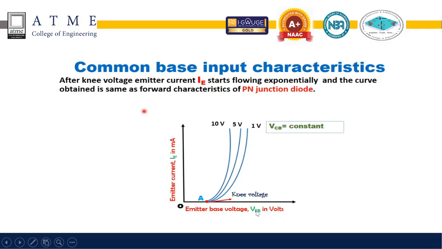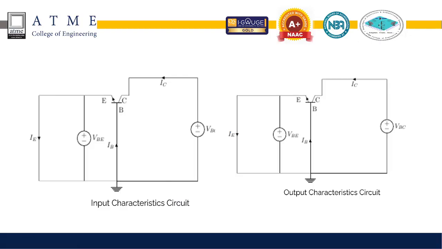When we keep VCB constant at every level, the IE current increases as we increase VBE voltage at one point, that is called the cut-in voltage. So it remains constant till that point and then it starts increasing. So this is the graph for different VCB we are going to get for input characteristics. This is the input characteristics of common base configuration BJT.